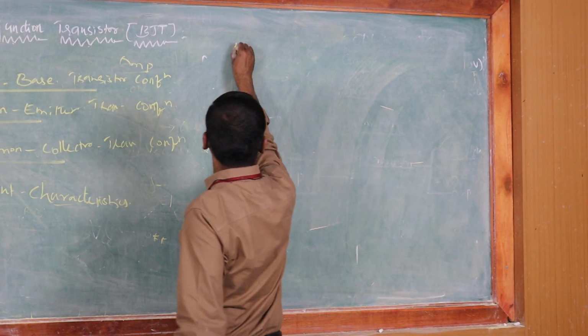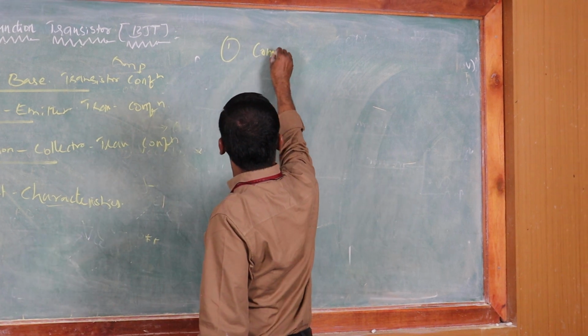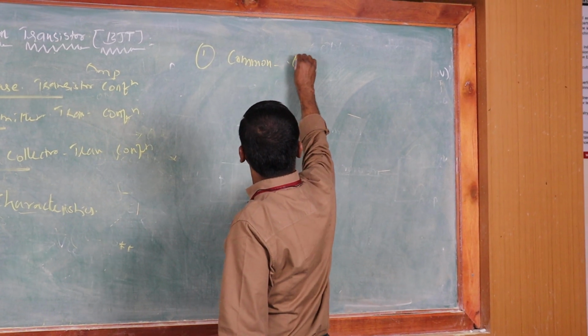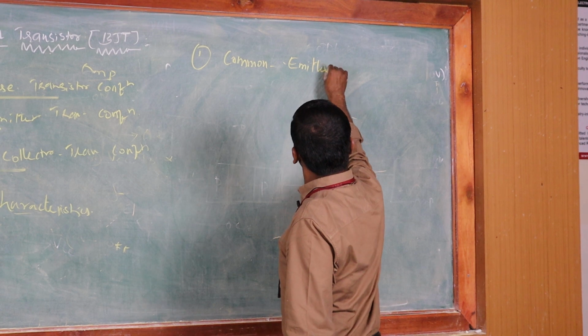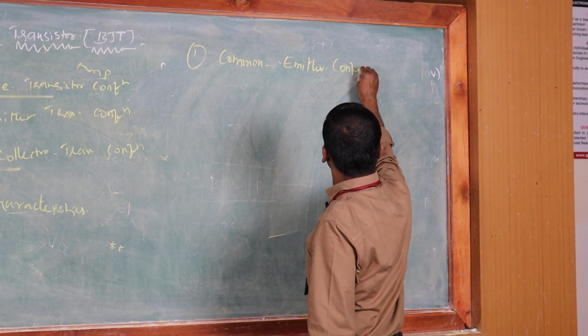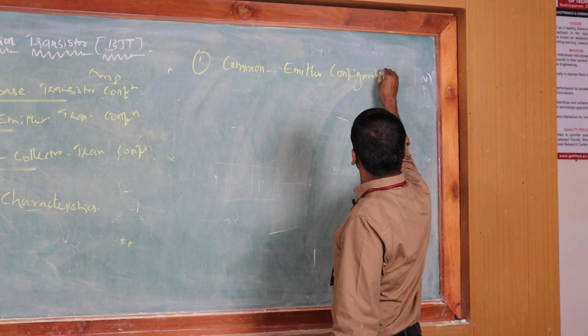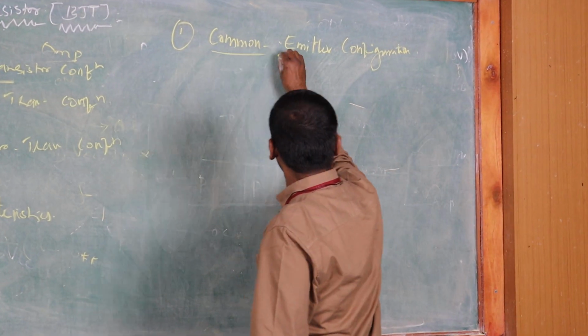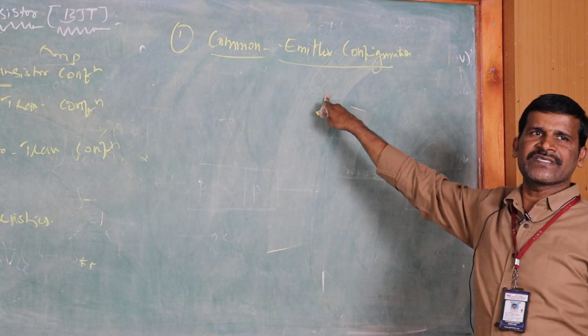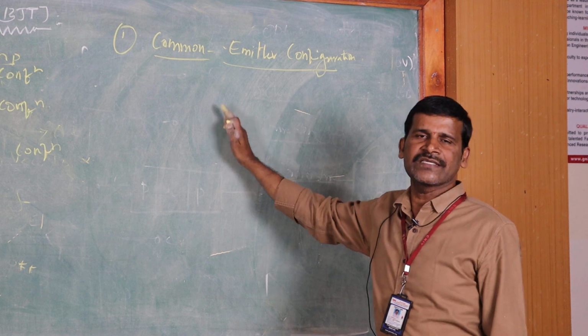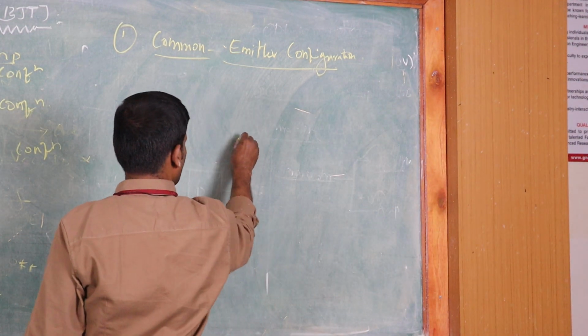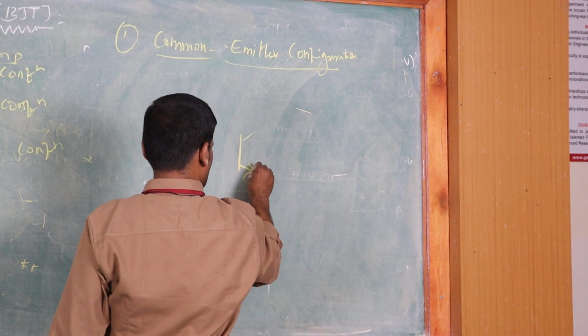For example, here, the common emitter transistor configuration. Common emitter means the common emitter terminal is grounded for both input and output. See, the circuit diagram for the common emitter configuration: here the emitter is grounded for input as well as output.